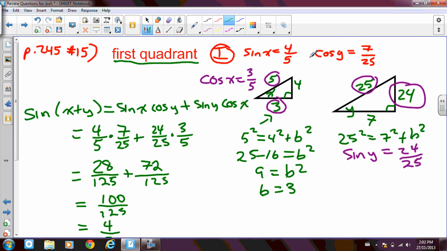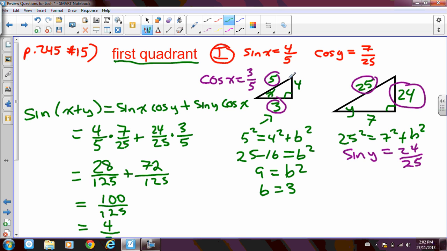Same sort of thing here. Cos could be positive in the fourth quadrant, but the sine value would have been negative. So that's kind of the only important part of the quadrant you're in. Does the other one become positive or negative? The one you're given, of course, we're told whether it's positive or negative. We do have to figure out the other one, and it'll be positive or negative based on where it occurs.